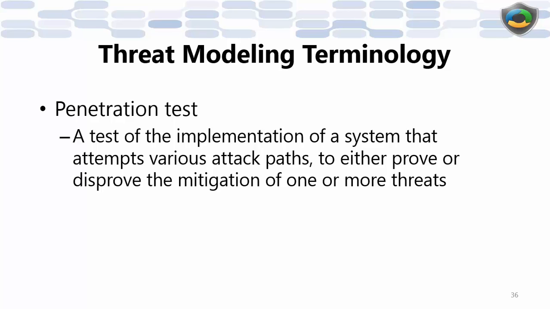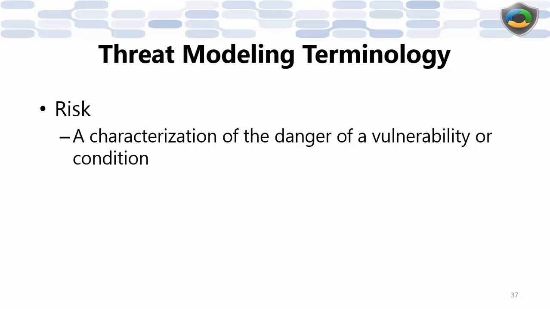Pen testing, a test of the implementation of the system that attempts various attack paths. All right, so you're trying to either prove or disprove mitigation of one or more threats. Risk, a characterization of the danger of a vulnerability or a condition.